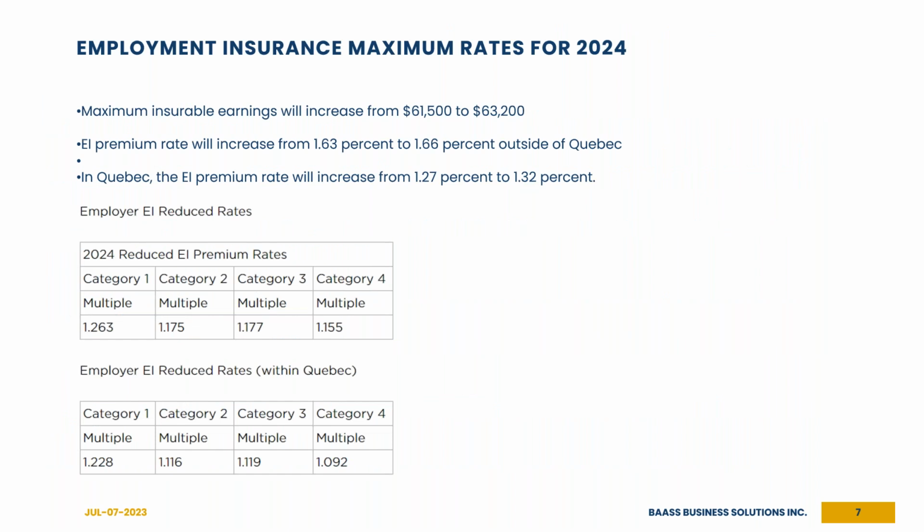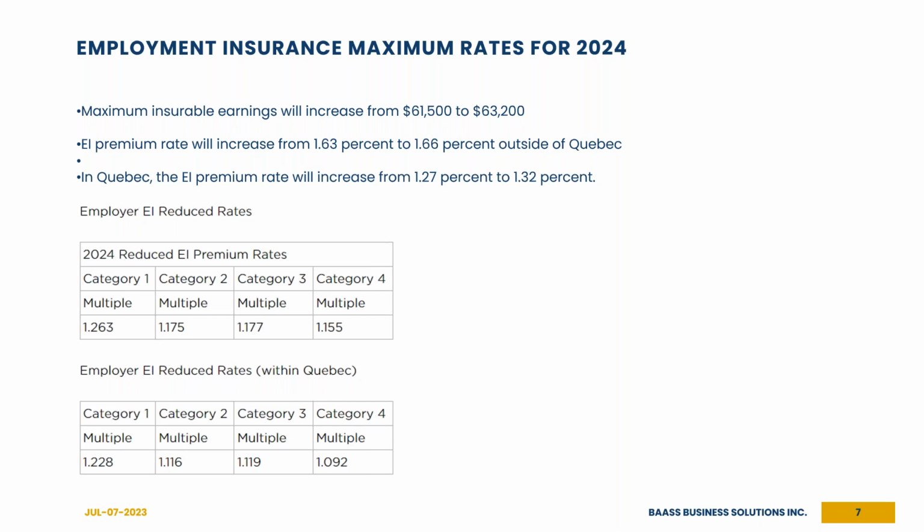Also released recently, the Canada Employment Insurance Commission announced the following rates for 2024. Maximum insurable earnings will increase from $61,500 to $63,200. The EI premium will increase from 1.63% to 1.66% outside of Quebec.